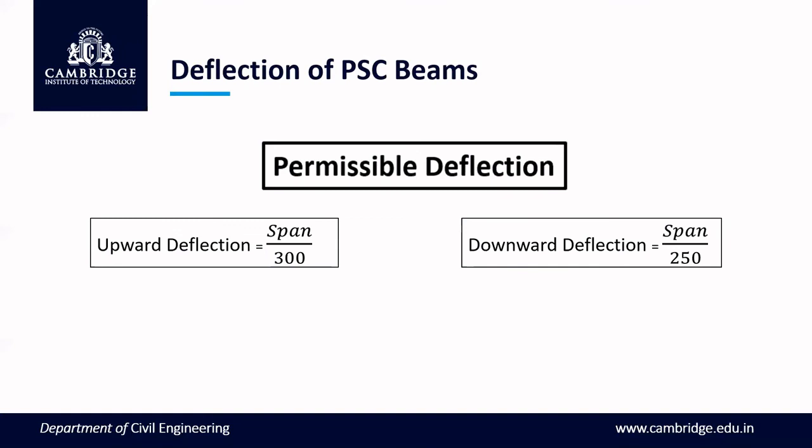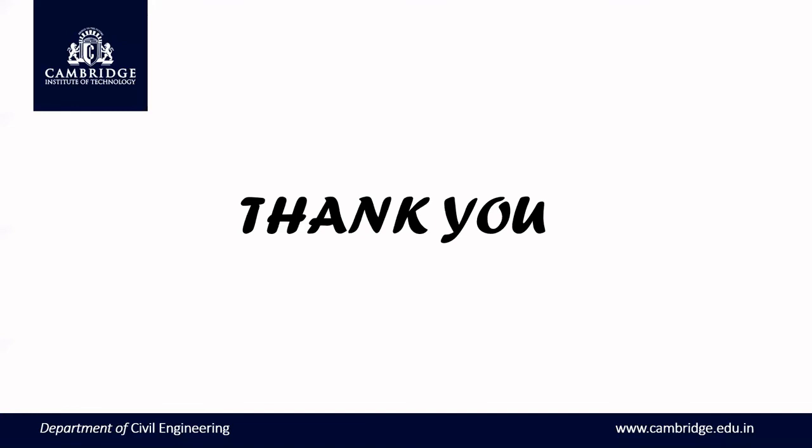Now, since we have understood how to calculate the deflection values for various prestressed members, let's understand the application of these formulae into various problems in the next video. Until then, thank you very much.